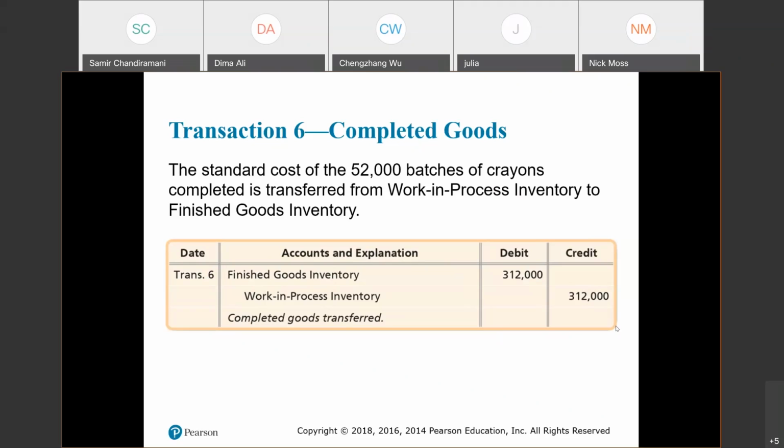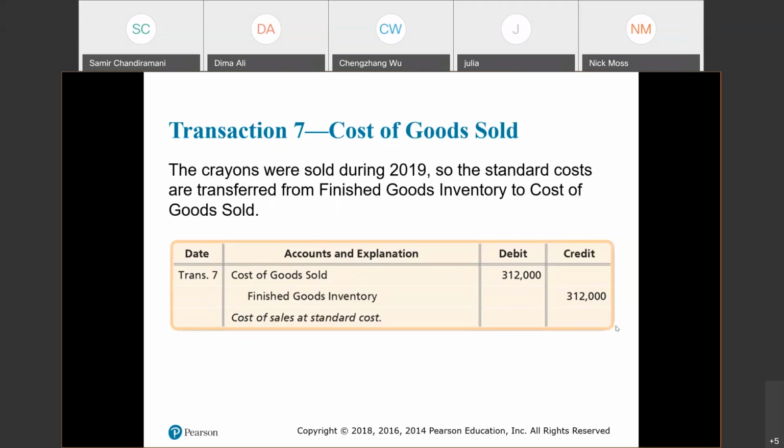And also, the next transaction should be to record the COGS. This transaction transfers the COGS at the standard cost of $6 per batch. This transaction assumes that all batches produced were sold in that year.